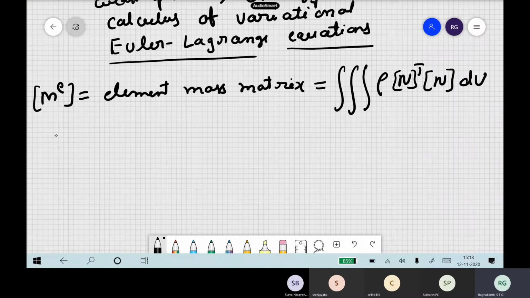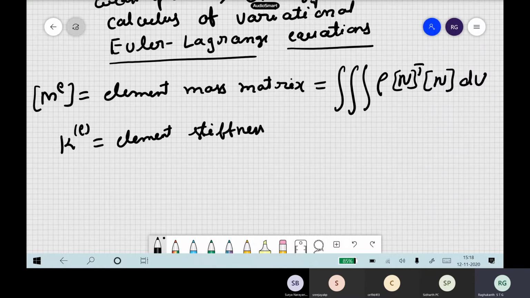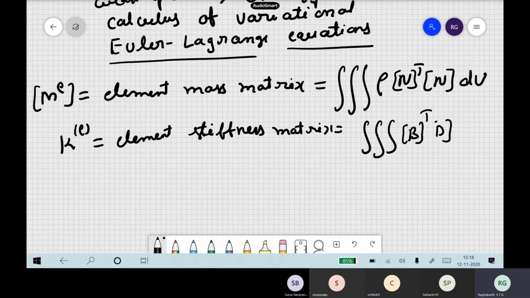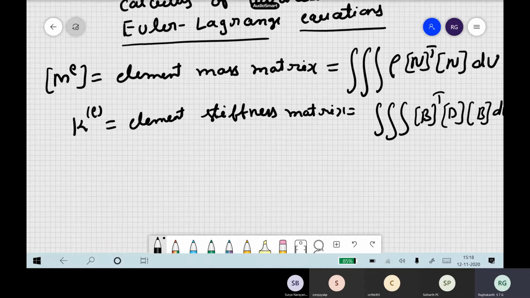This is our mass matrix. Then we have the element stiffness matrix, where the same expression will be there: B transpose D times B into dV. Then we have the element damping matrix also.